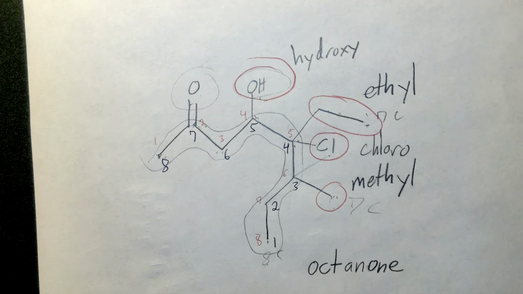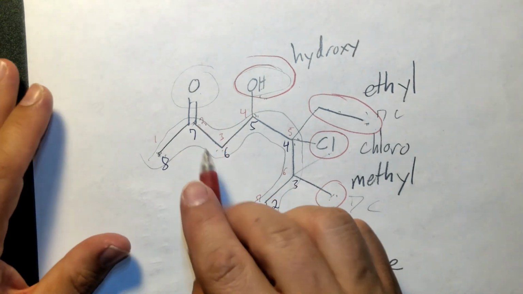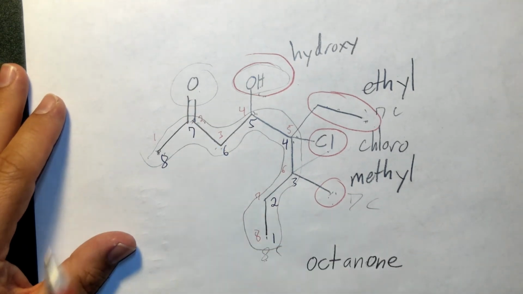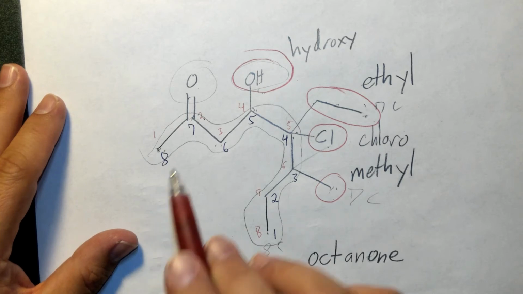So right there, this is an easy problem because we always minimize the numbering of our functional group. So in this case, it's going to be the numbering system that puts a 2 on the ketone and not a 7 because the 2 is smaller.